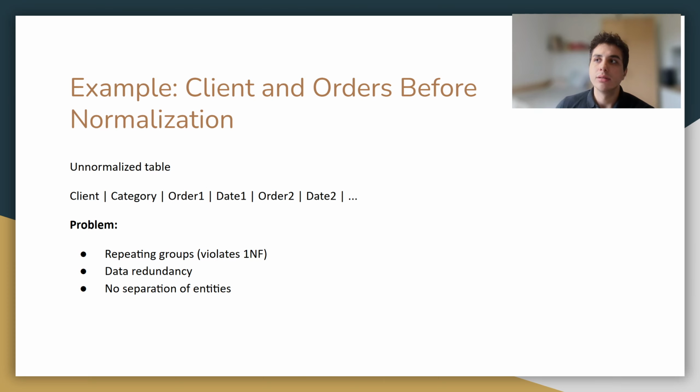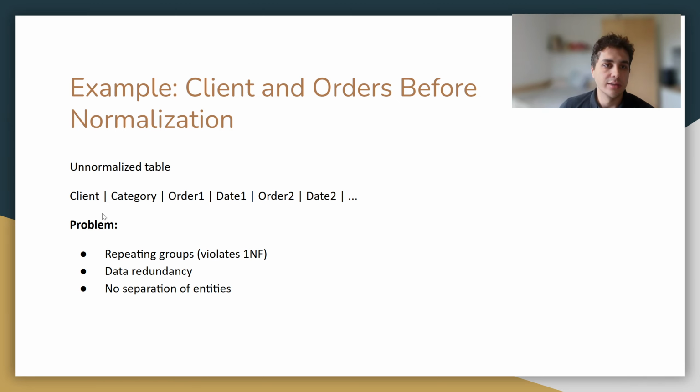Originally, data might be stored in a single wide table with multiple orders per client in one row. This breaks the principles of first normal form. In the previous videos, I showed how an unnormalized table looks, but here you can just use your imagination.